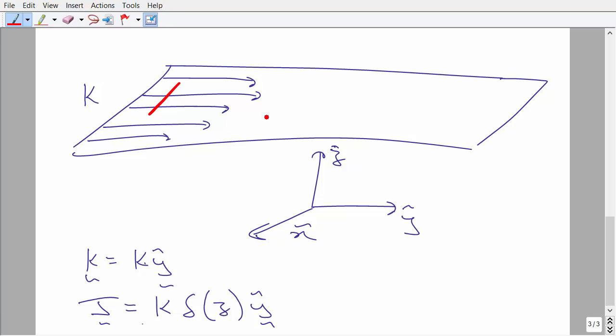If I wanted to calculate the magnetic field from this current density, then I would get the following formula.